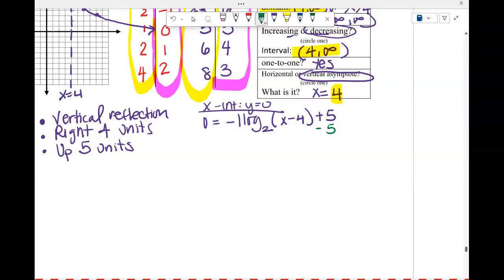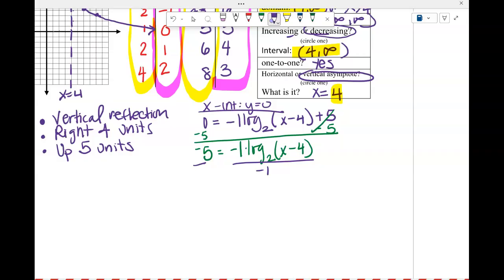First, isolate your log, so divide both sides by -1. I'm sorry, minus both sides by 5. So -5 equals -1 times log base 2 of x minus 4. Sorry, in my head, I was already going to divide both sides by -1. Okay, so now we have +5 equals log base 2 of x minus 4.